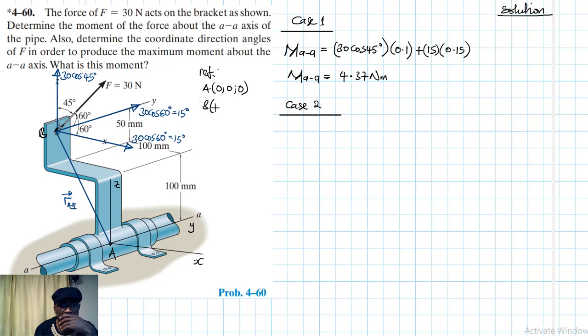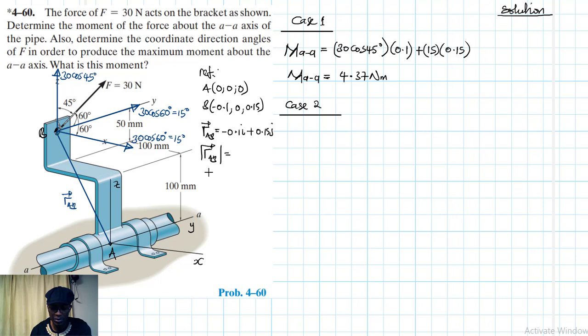And B therefore will be minus 0.1 in the Y, 0, then in the Z 0.15, and therefore RAB will be equal to minus 0.1 I plus 0.15 J, and the magnitude of RAB will be equal to the square root of 0.1 squared plus 0.15 squared.